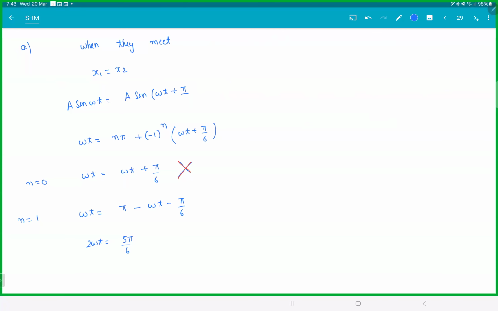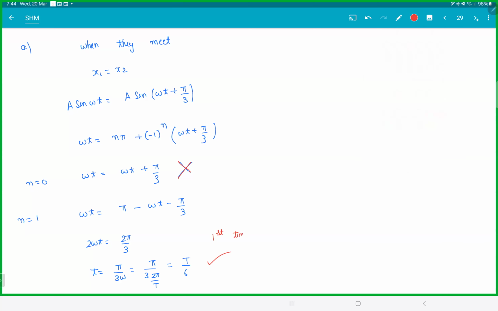Oh, sorry, two pi/3. So time will be pi/3 omega. Omega is 2 pi by capital T. Yeah, T/6, you're right. So this is an acceptable answer. This is the first time they will meet.